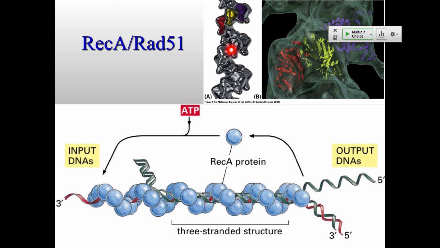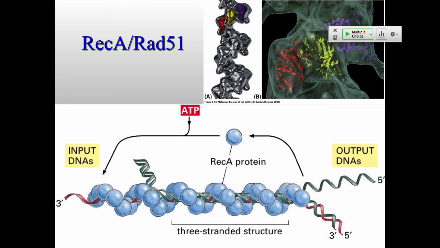This is just a structure of this, I think this one's RecA protein here in a helix bound to single-stranded DNA, and it's stretching out both that single-stranded DNA and the double-stranded DNA that it's interacting with, and it's through ATP binding and hydrolysis that you end up having this strand exchange reaction, starting with this red single strand and green double strand gives you a red-green strand here, and then a green single strand that comes out the back.